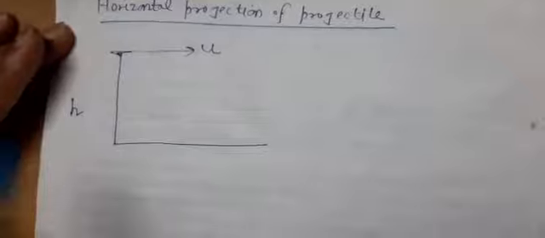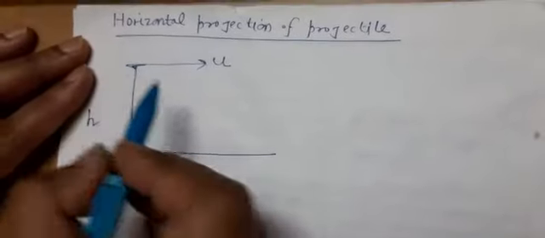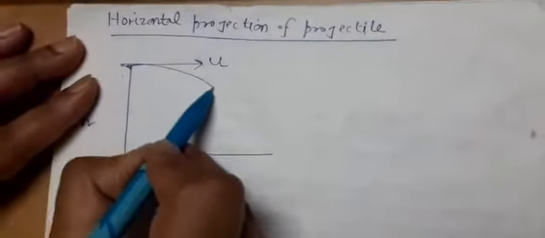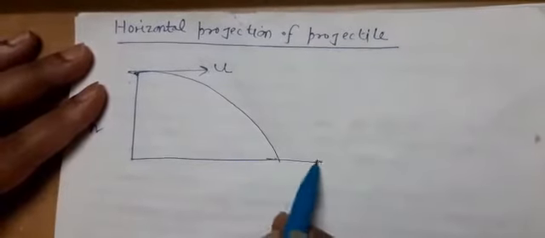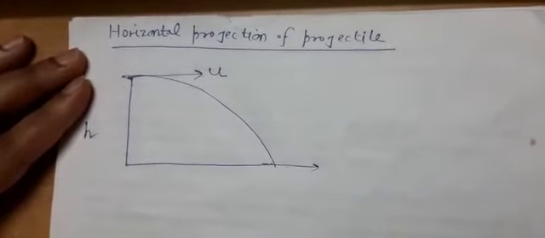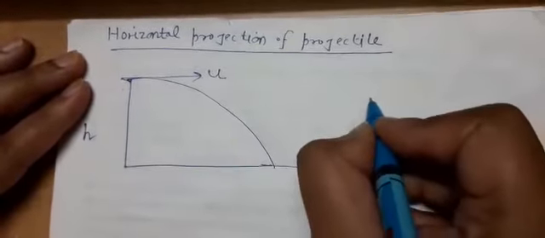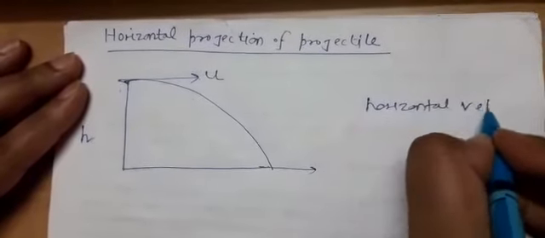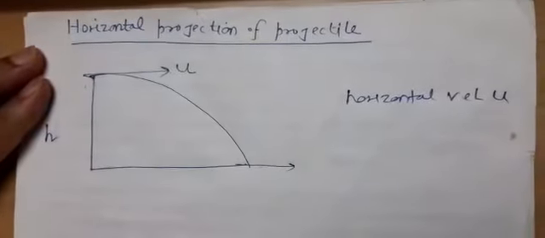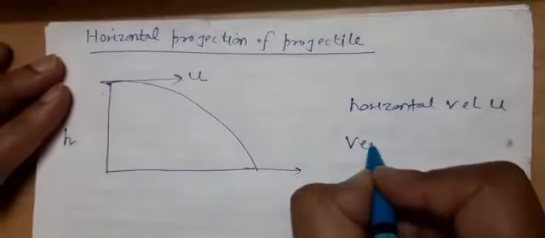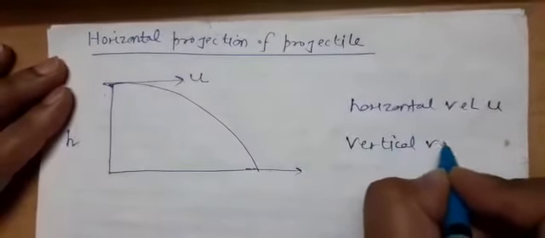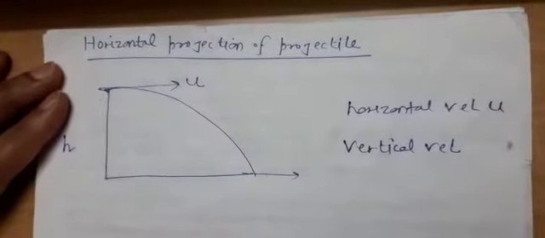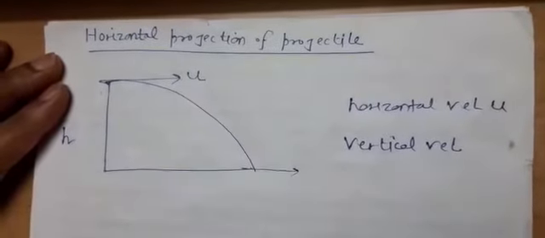Then the object moves under the combined effect of two perpendicular velocities, and it will follow this curved path. So what are the two velocities? That is horizontal velocity u, this will remain constant, and vertical velocity which will increase due to the effect of gravity.